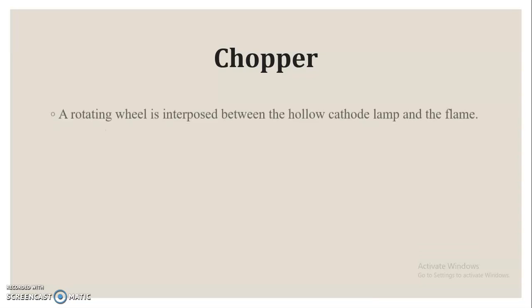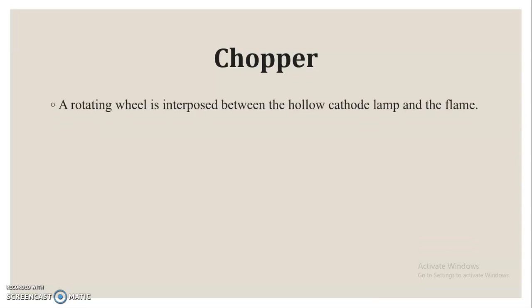The second component used in the atomic absorption spectrophotometer is the chopper. If you remember, in the construction part also we saw that the chopper is placed on the surface of the burner. The chopper is nothing but a rotating wheel that is interposed between the hollow cathode lamp and the flame.